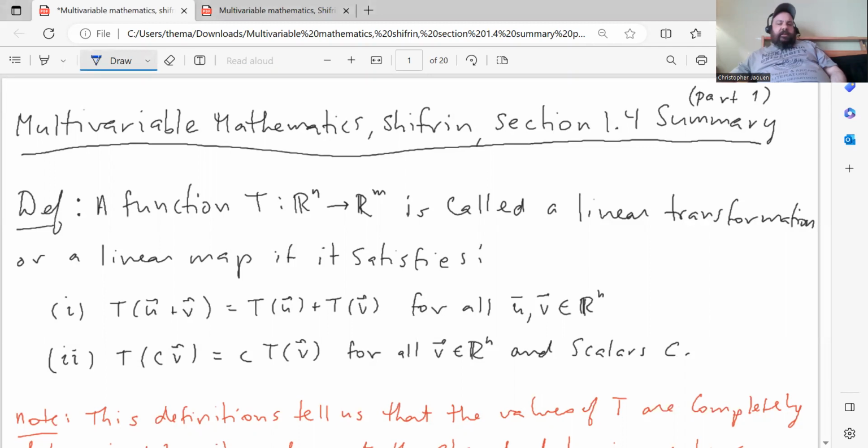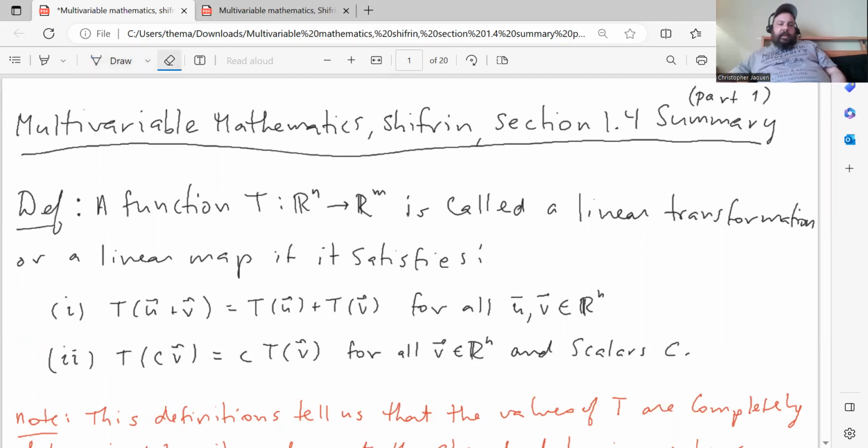What this is saying is T is a linear map if it preserves the linear structure of the underlying spaces, meaning the map T sends linear combinations to linear combinations.